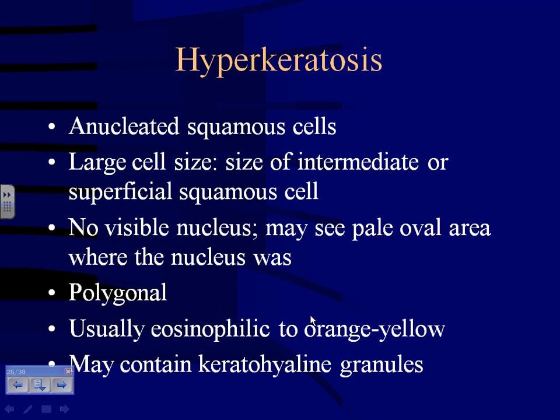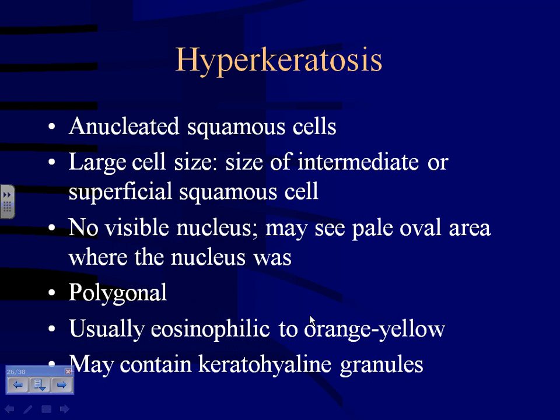It usually involves the most mature squamous cells, such as the intermediate or the superficial squamous cell. So they do tend to retain a polygonal shape like the mature squamous cell. But they also tend to become degenerated; losing the nucleus is a degenerative change, basically.